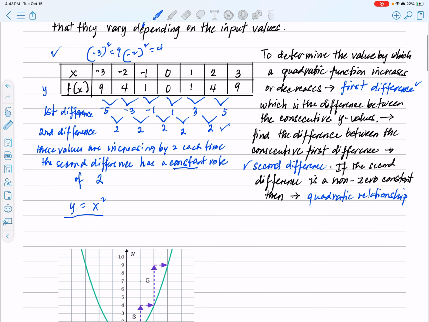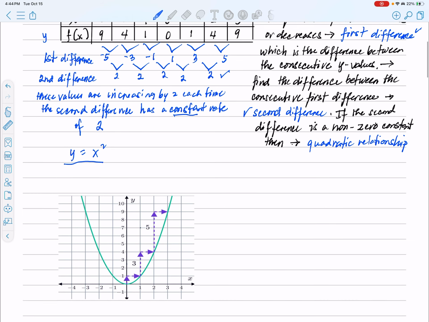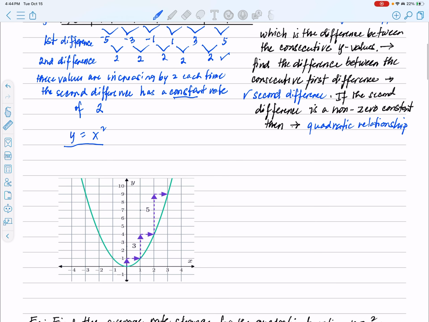When you plot these points in a graph, notice that for equal x intervals, the y value increases by 2 more for each unit increase in x when x is greater than 0.